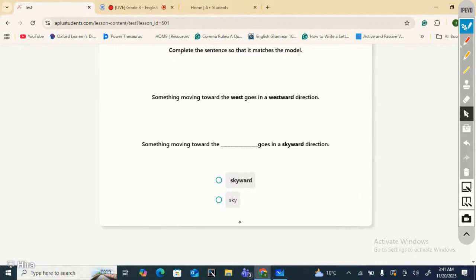Something moving toward the west goes in a westward direction. Something moving toward the blank goes in a skyward direction.